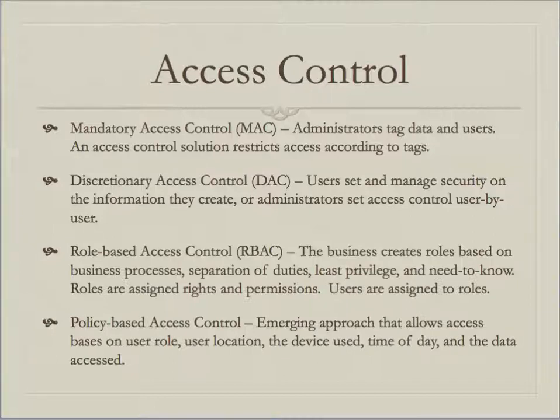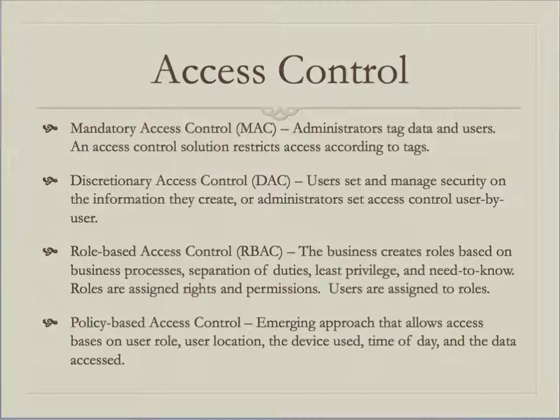Discretionary access control is what you get with Active Directory or Windows out of the box. Users set and manage security on the items that they create. Even if an administrator does the administration, they do it by user. And even if you set up a group, in many cases, groups are not set up by administrators in a way that supports anything other than DAC. The problem with DAC is it's hard to manage.